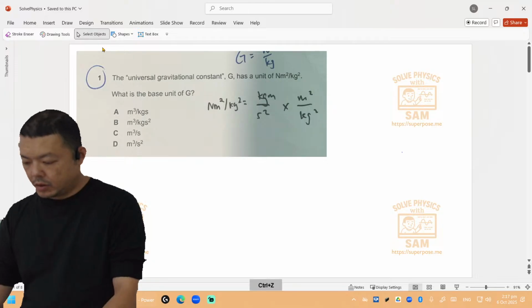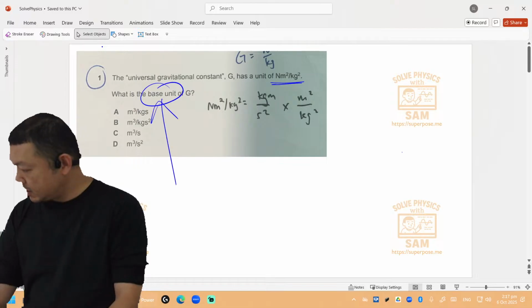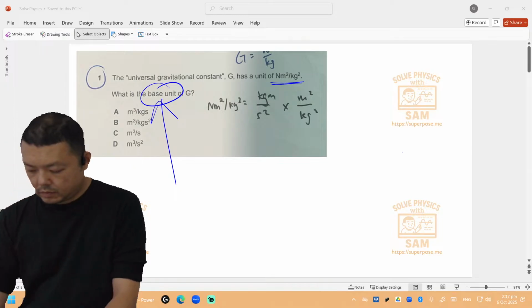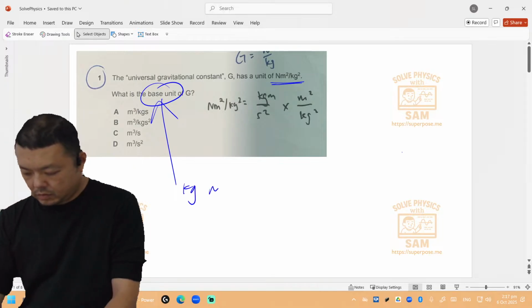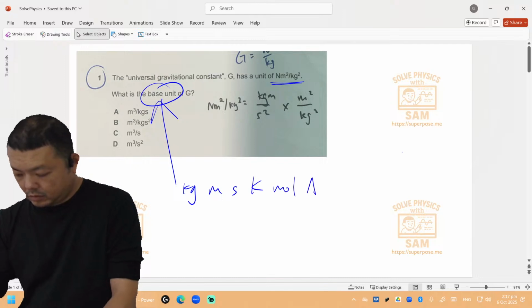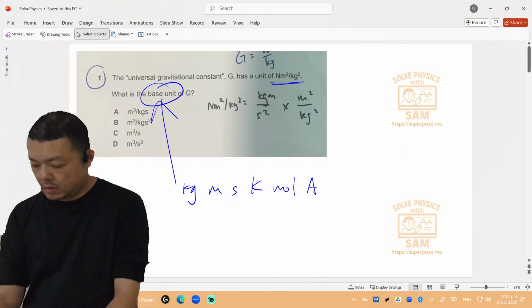Okay, so you're not sure how to do this? Okay, so the key phrase is this base unit. What's base unit? Do you understand the base units?